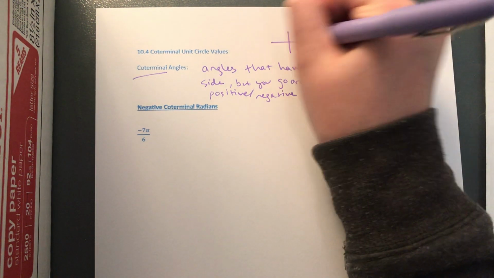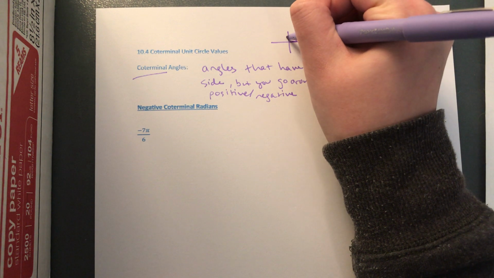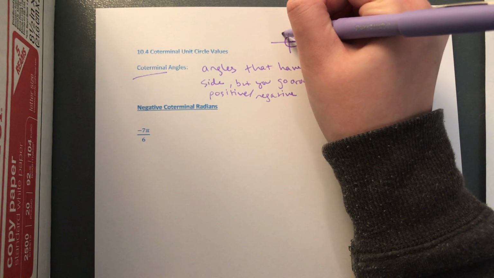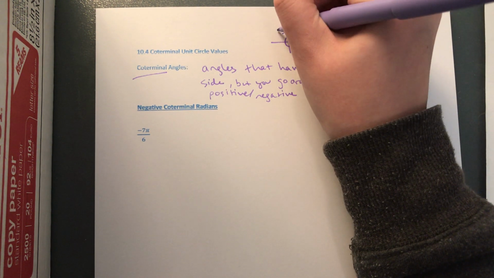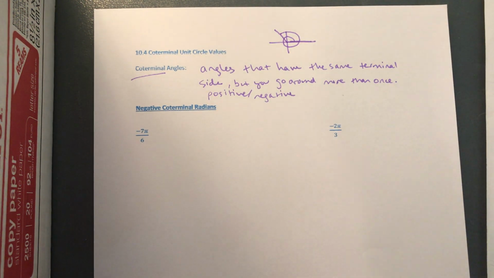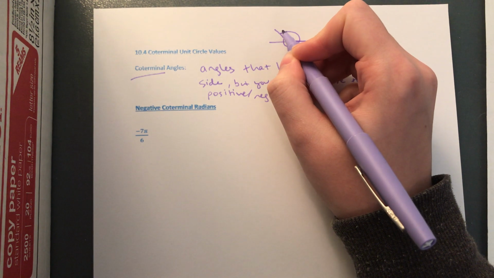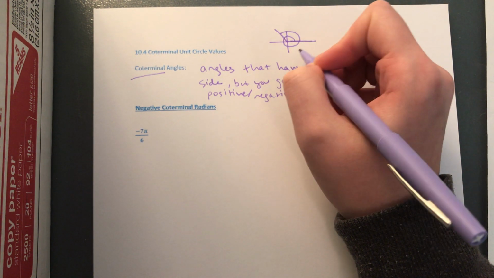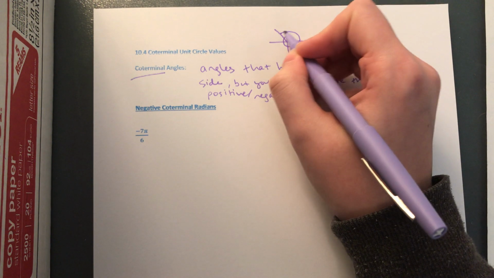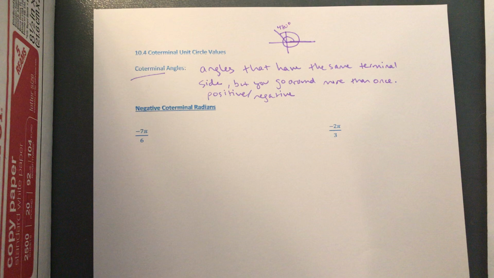So remember, you always start here on the positive x-axis and you can go around more than once. So let's say we wanted to end up here. Once around would be 360 degrees plus another, maybe 120, would be 480 degrees, for example.